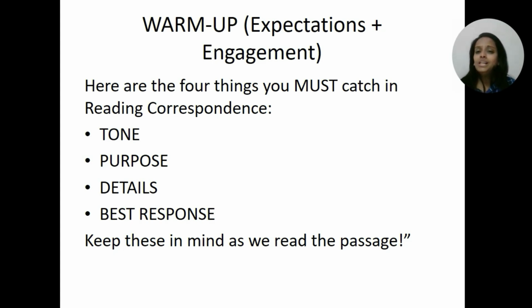If the email is formal, your response must be formal, right? If the writer asked a question, your response must answer it. If they made a complaint, then your response should acknowledge it. For example, if someone writes, could you please send me the meeting agenda? Then the best response should be, sure, I'll send it to you by this afternoon. It should not be, why do you need it?